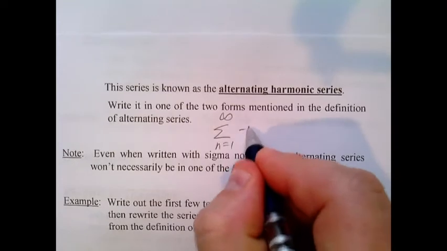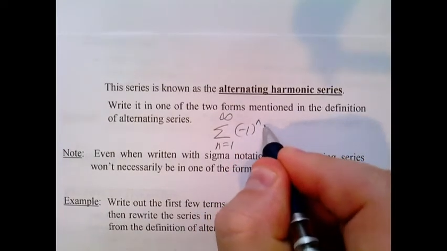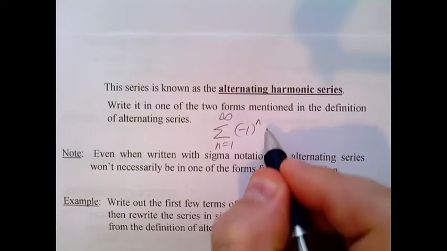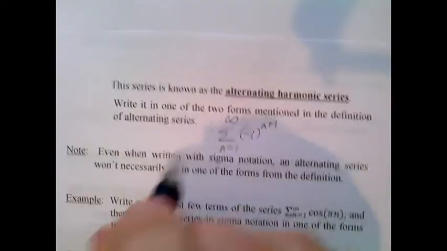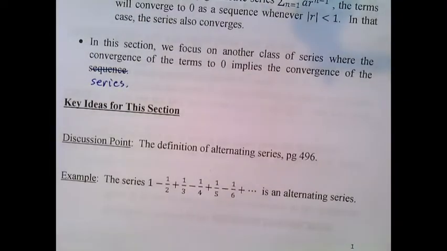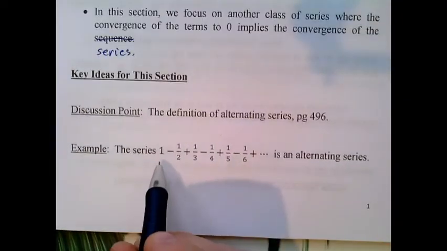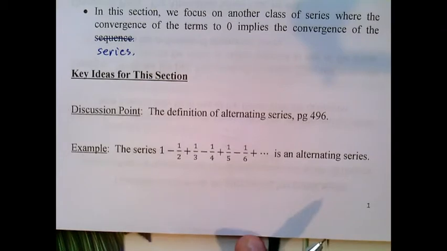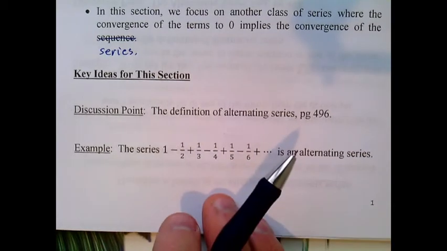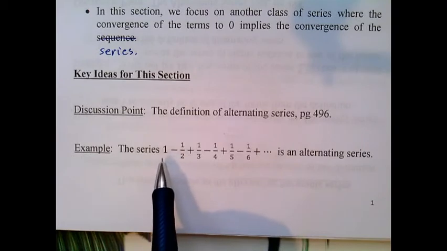Now, I'm either going to do negative 1 to the n or negative 1 to the n plus 1. In this case, I'm going with n plus 1 because the first term was positive. If I want the first term to be positive, assuming that the series starts from n equals 1, then I need negative 1 to the n plus 1.